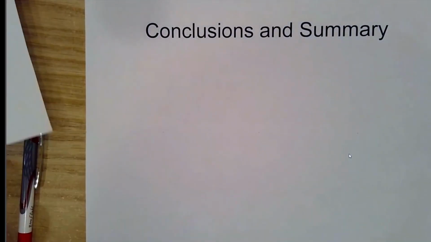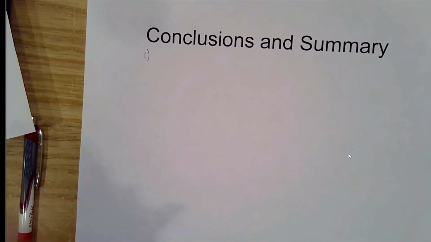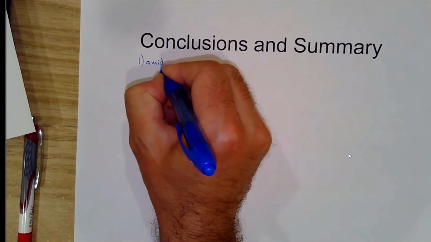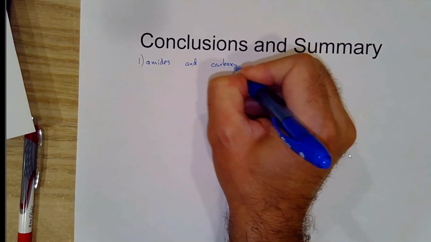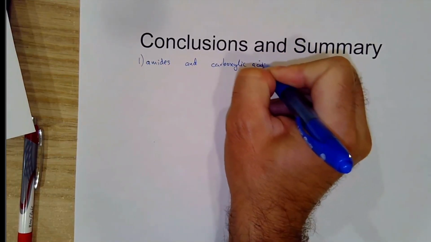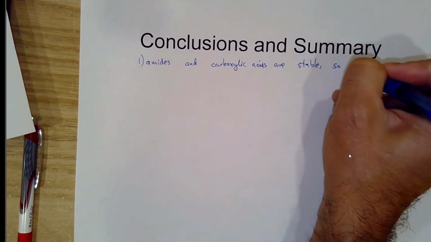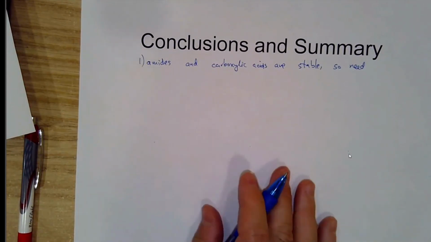Yeah, so just some conclusions and summary regarding the second unit of the peptide. So number 1, the first thing we looked at was the energetics of peptide bond synthesis. If there's one thing I would write, it would be that amide bonds and carboxylic acids are stable thermodynamically, so you need a coupling agent to raise the energy of the compound in order to lower the activation energy.